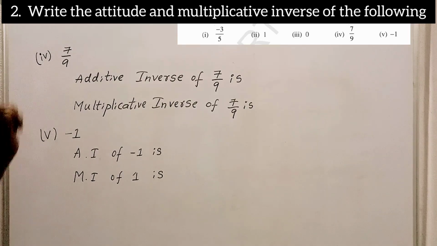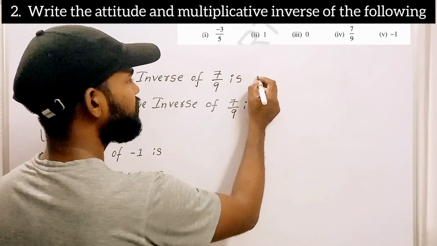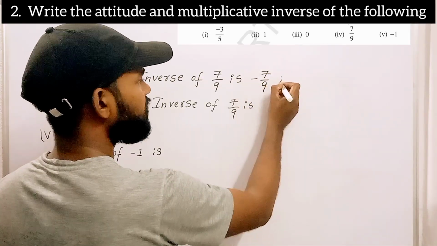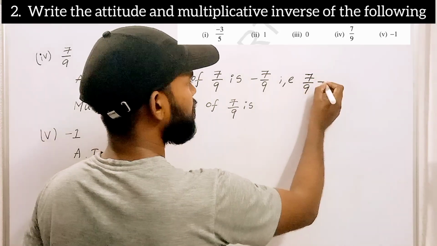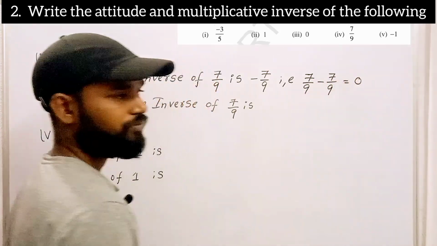Now see the fourth question, 7 by 9. What is the additive inverse of 7 by 9? The additive inverse of 7 by 9 is minus 7 by 9. That is, 7 by 9 plus minus 7 by 9 is equal to 0. Yes or no?